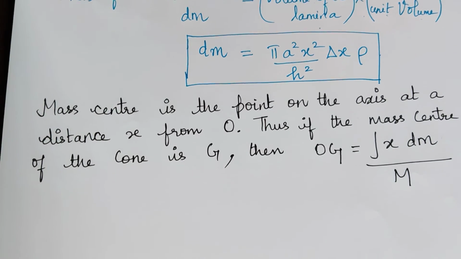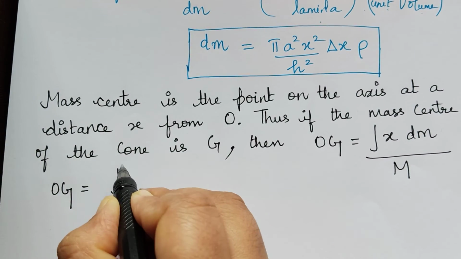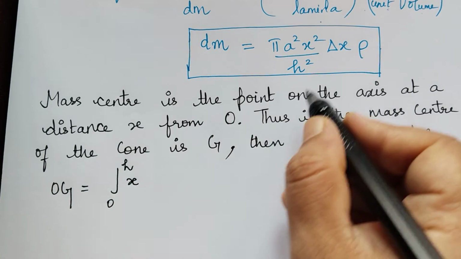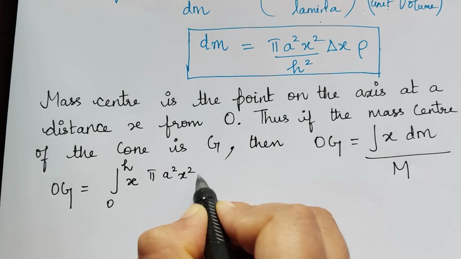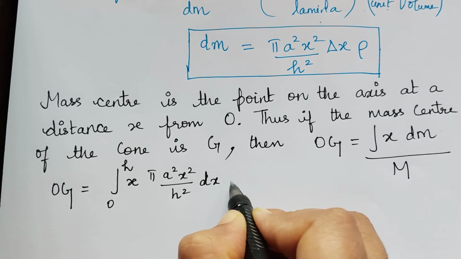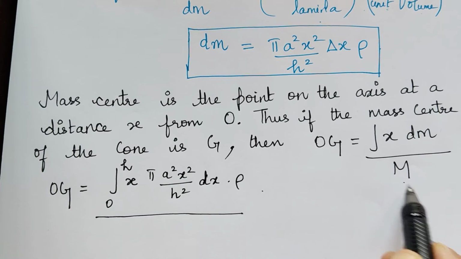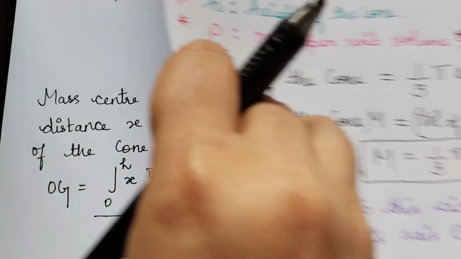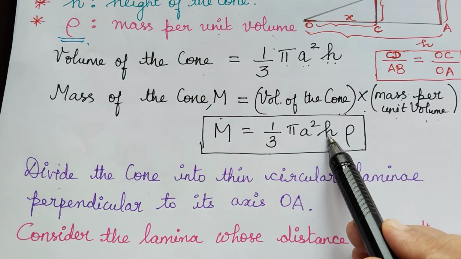And so we have the value of OG to be equal to the integral from 0 to h of x multiplied with dm, which is pi a squared x squared by h squared delta x, which becomes dx, multiplied by rho, the whole divided by capital M. So what is capital M that we have obtained? We have obtained it as 1 by 3 pi a square h rho.